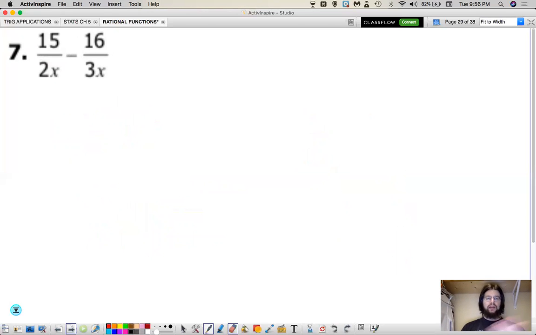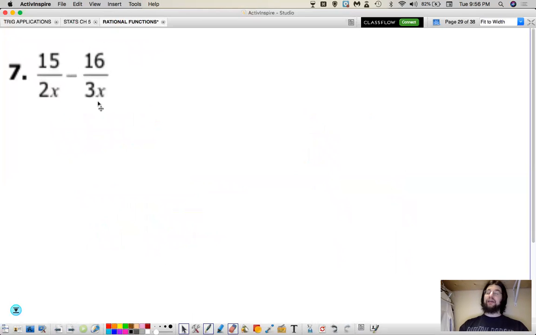What do you notice here? Not the same denominator. So we've got to first get the common denominator. Now, any common denominator will work, but the least common denominator will let you simplify less. So you'll still have to simplify a lot, but the least common denominator will get you the least amount of simplifying possible. Now this one's monomials.